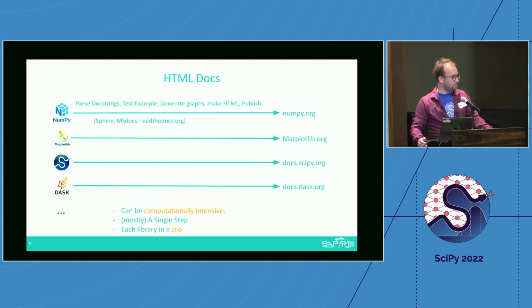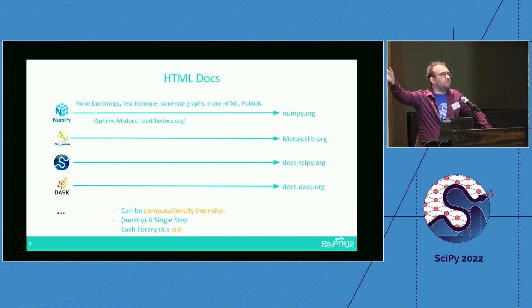And so right now, when you build documentation for NumPy, Matplotlib, SciPy, you use something like Sphinx or mkdocs to directly produce HTML that you publish on numpy.org. You do the same with Matplotlib, with SciPy. You may use intersphinx, for example, that will link from SciPy to NumPy.